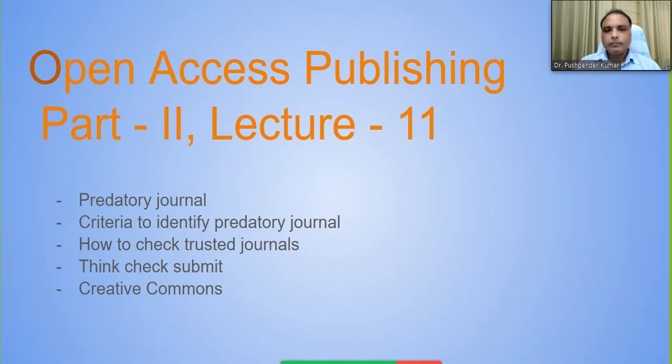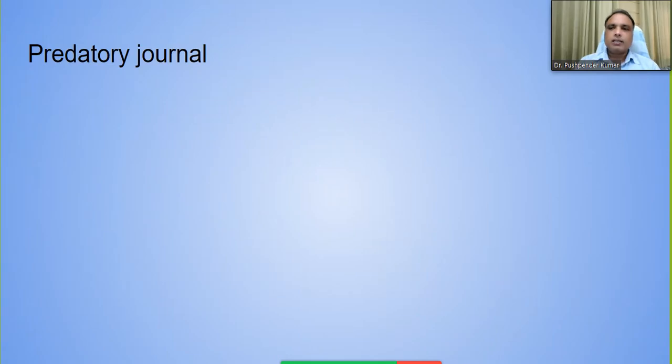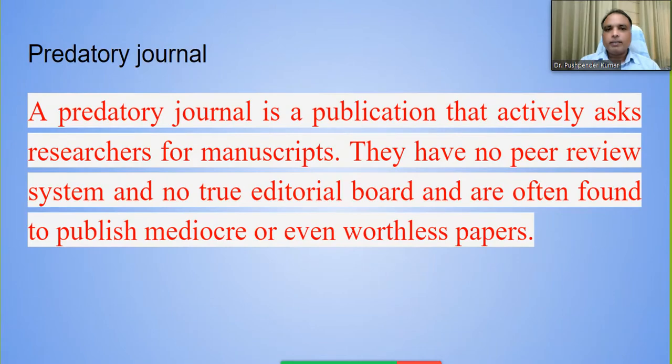We are going to discuss our first topic, that is predatory journals. You are all aware of it, I believe, because we already put some light on this. A predatory journal is a publication that actively asks researchers for manuscripts. Even if you are not interested, you will receive a message, an email, saying that you can send your paper, your manuscript, for publication.